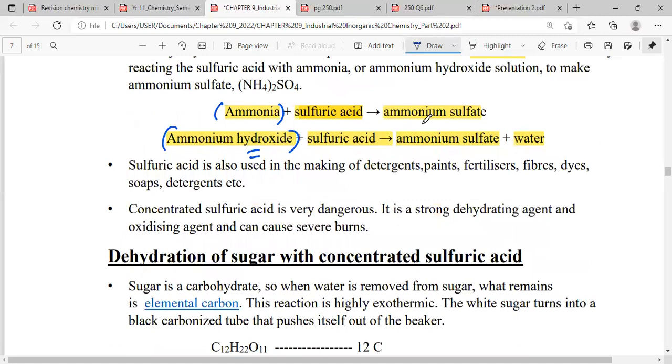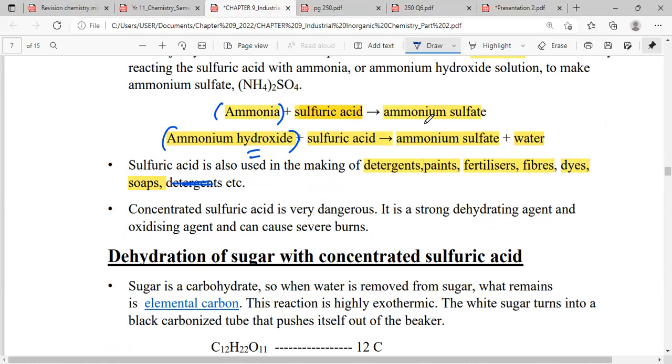Now let's move on to the uses of sulfuric acid. Sulfuric acid is used to make detergents, paints, fertilizers, fibers, dyes, soaps. What are detergents? Detergents are the soap powder and the washing liquids that we use at home.